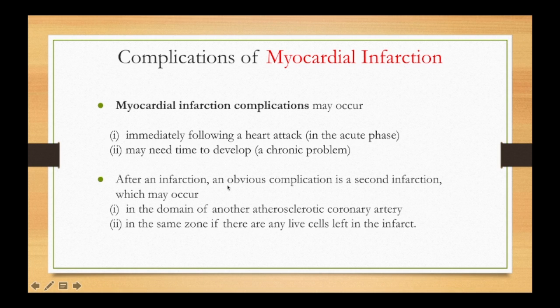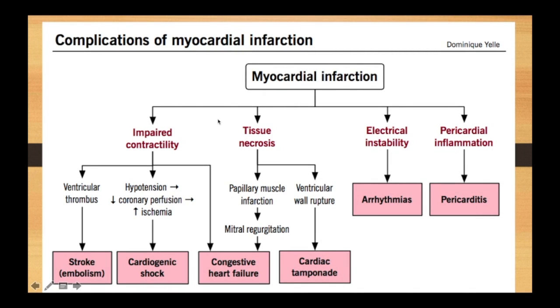After an infarction, an obvious complication is a second infarction, which may occur in the domain of another atherosclerotic coronary artery or even in the same zone if there are any live cells left in the infarct. These complications can lead to stroke, cardiogenic shock, congestive heart failure, cardiac tamponade, arrhythmias, pericarditis, and so on.